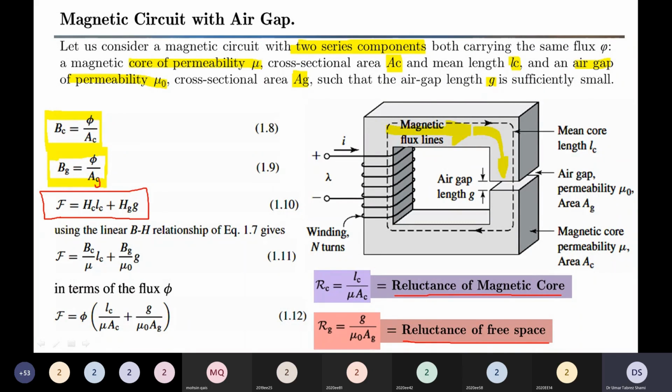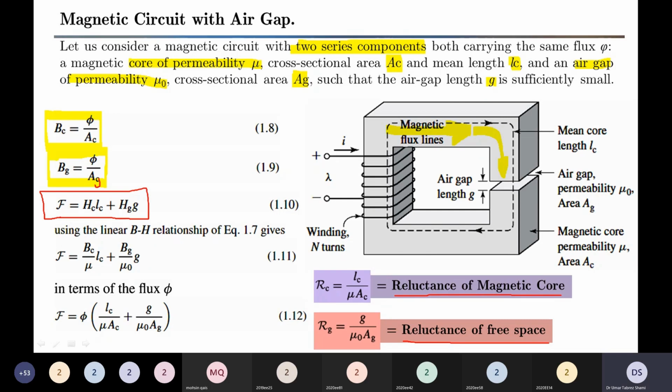Now, the question is, what is reluctance? Reluctance is, simply put, the resistance faced by the magnetic lines of force. It is the opposition, the resistance faced by the magnetic lines of force when flowing through a certain material.